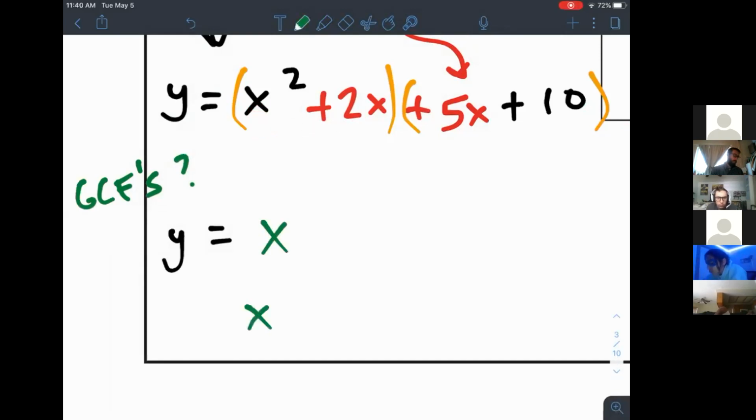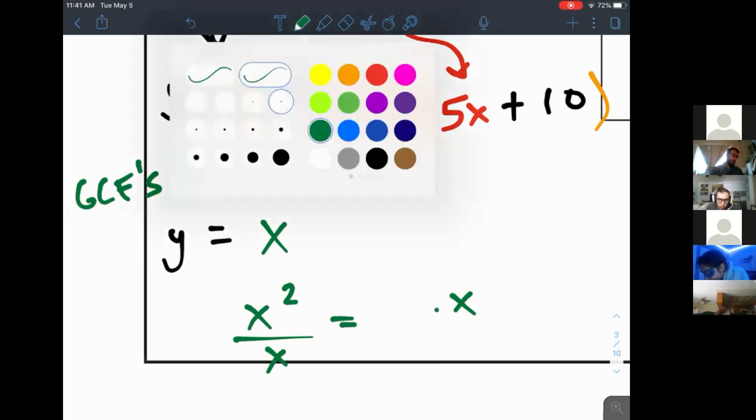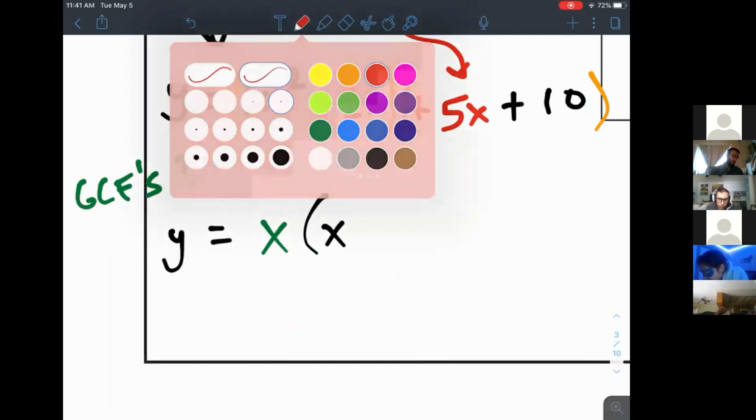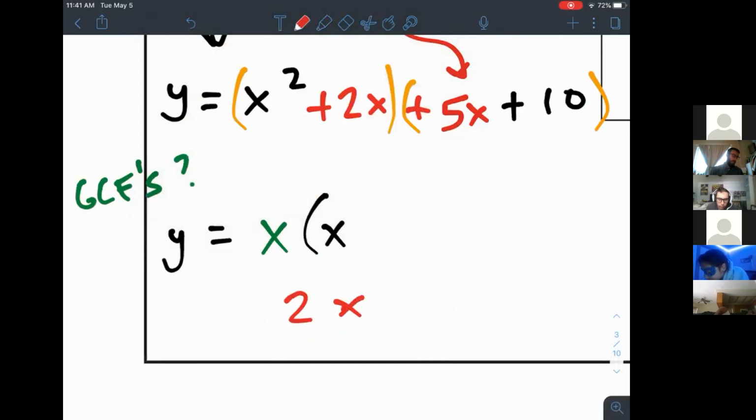Andrew's right. What we did last week is realize that if you take out an x from x squared by factoring, you're dividing. x squared is the same thing as x times x. Thus, when we simplify that fraction, all we have left on the inside is an x. And if you take out the x from that red 2x, all you're left with is 2.